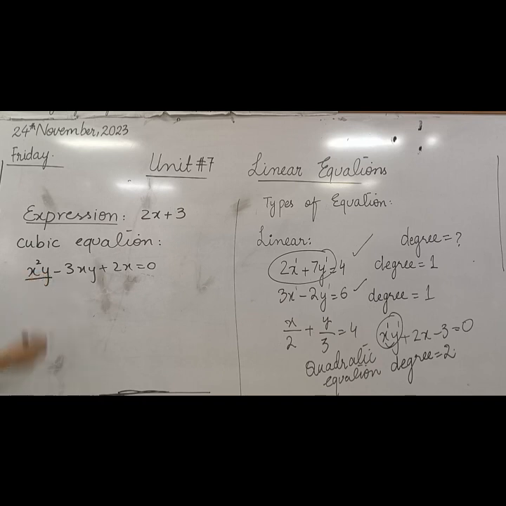What is the power of x square y? 2 plus 1, 3. What is the power of xy? 1 plus 1, 2. This is 1. So the highest power is 3, so the degree of this equation is 3, and this is called a cubic equation. Next is biquadratic equation.